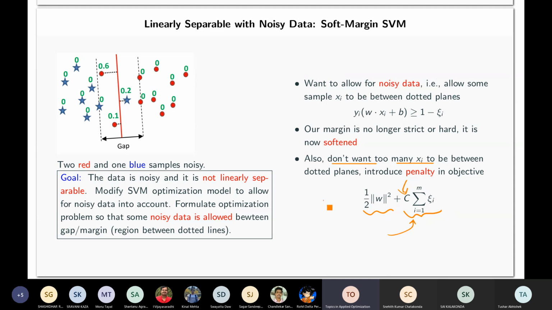So when you are trying to minimize, the optimizer is like an agent, so it tries to see where is the most benefit to minimize. So if this guy is loaded with a high penalty constant, then the optimizer will benefit a lot by decreasing this. In other words, the optimizer will try to make it as hard as possible. So it will try to minimize this and make it 0. So in that case, you are not really allowing too much.